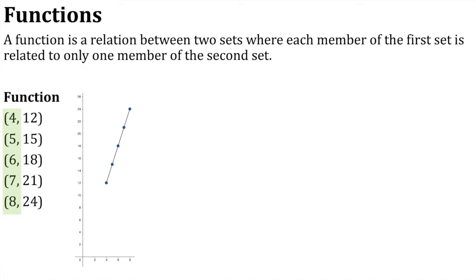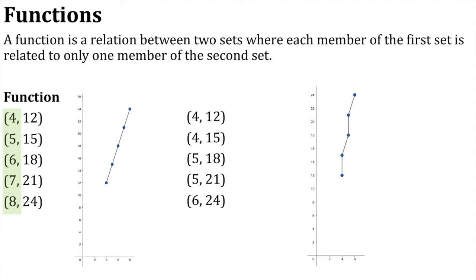If we now look at this one here, so we've got a set of points again. So we've got (4, 12), (4, 15), (5, 18), (5, 21), (6, 24). Now if we just plot that graph firstly, you can see that there's a lot of similarities between the points in here and here.